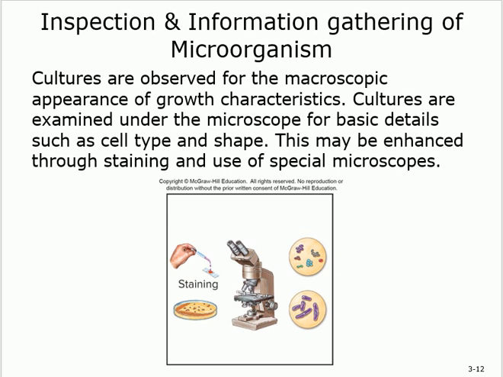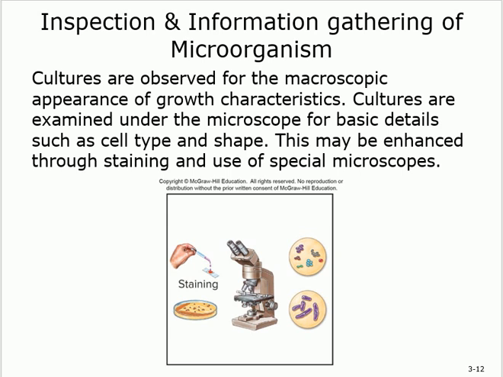And then you'll take a sample and put it under the microscope. When you put it under the microscope, you can see the details, including the cell type, including the shape, how it looks. And you can see the rest of the details. You can do that with or without needing a stain. It depends on what species we are talking about.